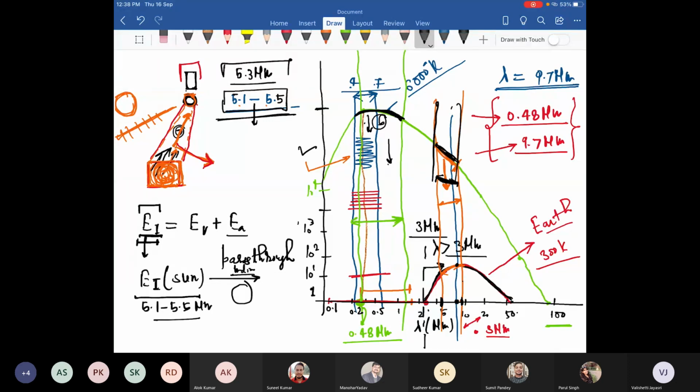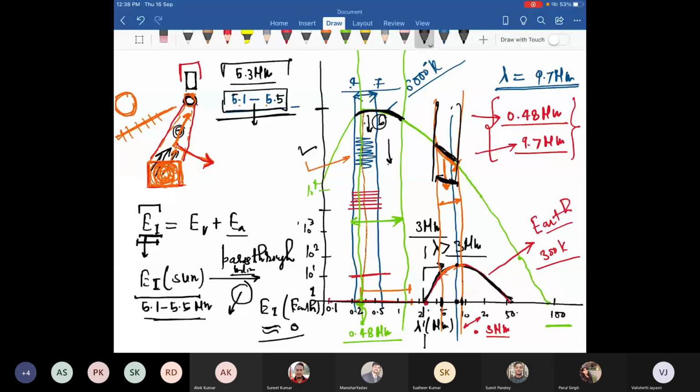Let's say absorption is complete, 100% energy is absorbed. Then in this particular range, 5.1 to 5.5 micrometer, EI at Earth, what will it be? It will be equal to 0.